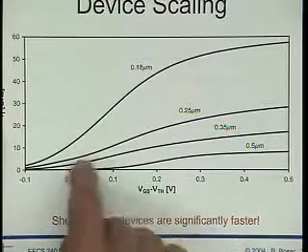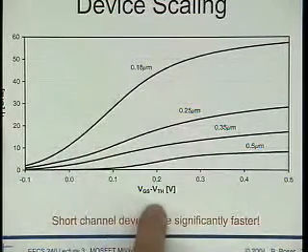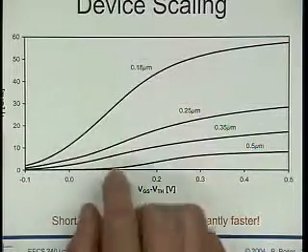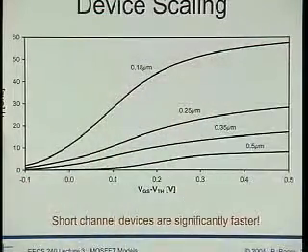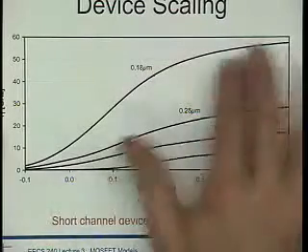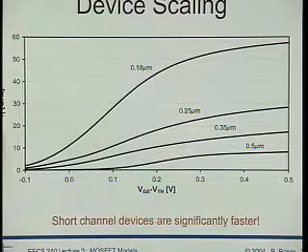We also see that we really get a large boost for modest values of VGS minus VTH, and then the benefit starts running out. Makes perfect sense, because up here we get all these velocity saturation effects, and consequently are running out of steam.